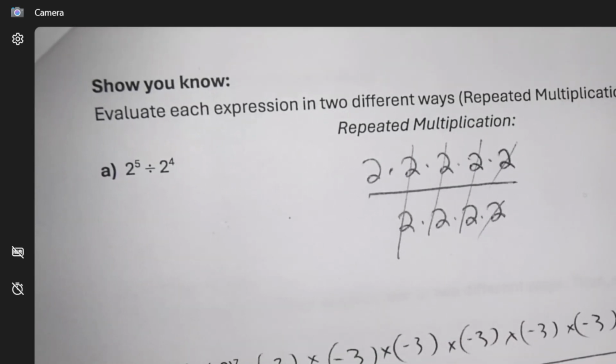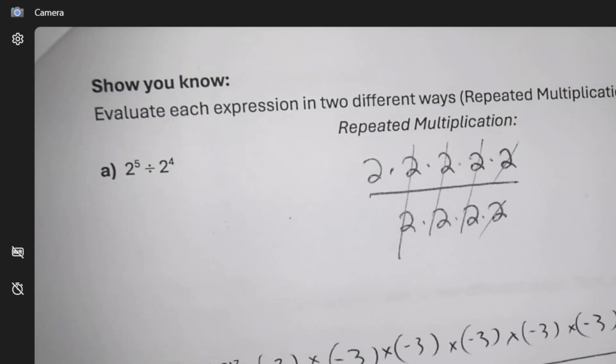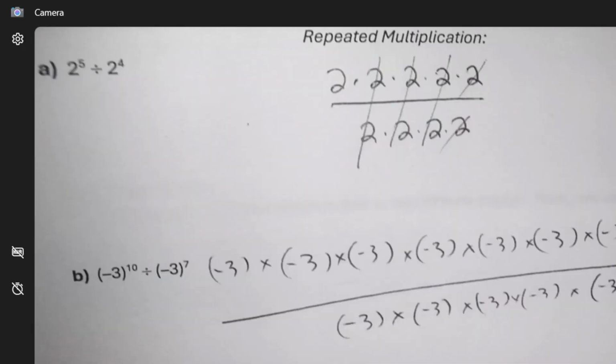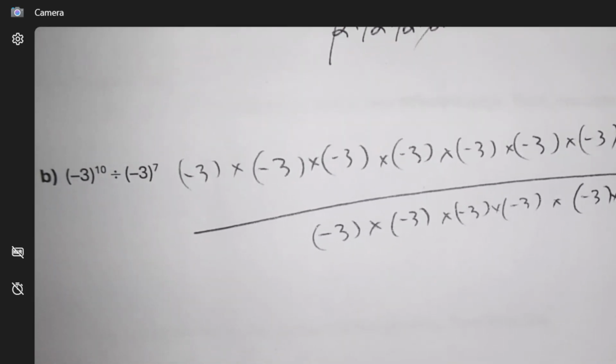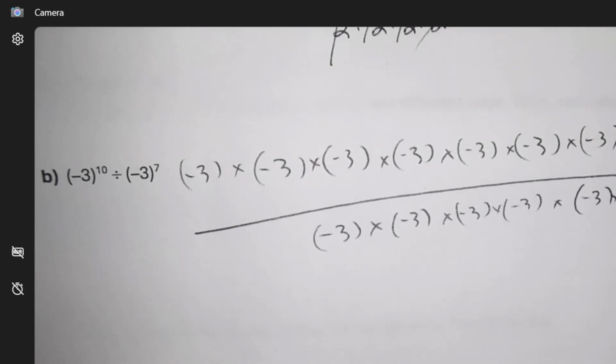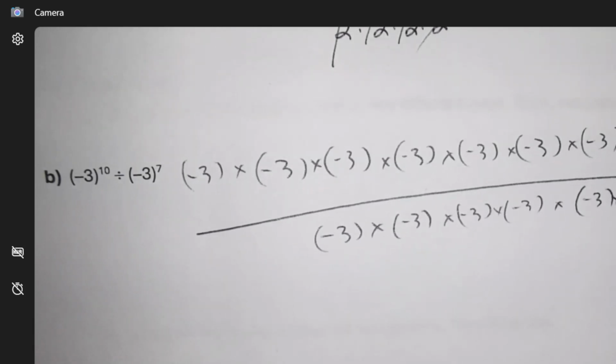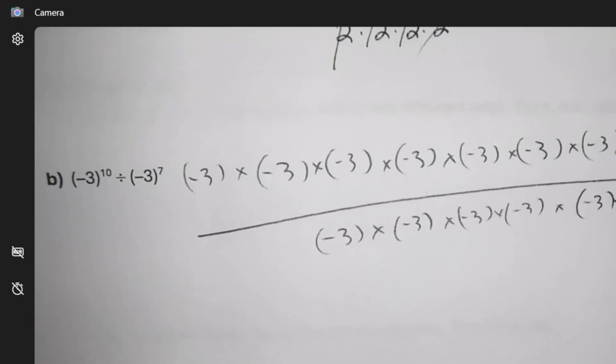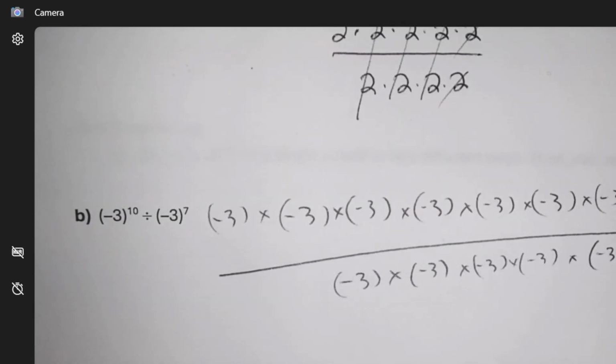I love writing these numbers. 6, 7, 8, 9, 10, bracket, bracket, bracket, bracket, 1, 2, 3, 4, 5, 6, 7, bracket, bracket.